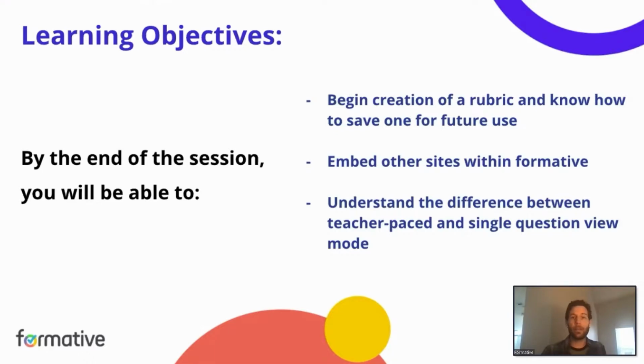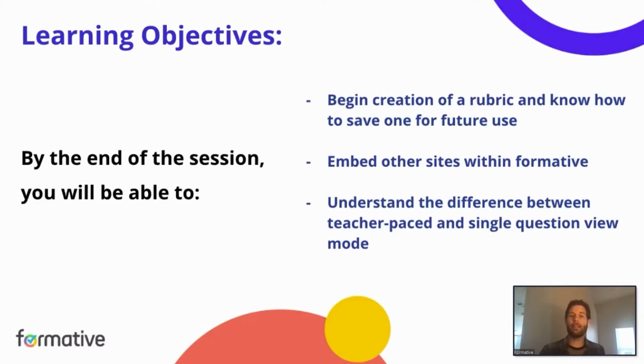We're going to talk a little bit about creating rubrics in Formative. A lot of our question types allow for a rubric grading instead of a simple points-based grading. We're going to talk about how you can create those and also how you can reuse them. We are going to look a little bit at embedding content from other websites within a Formative.